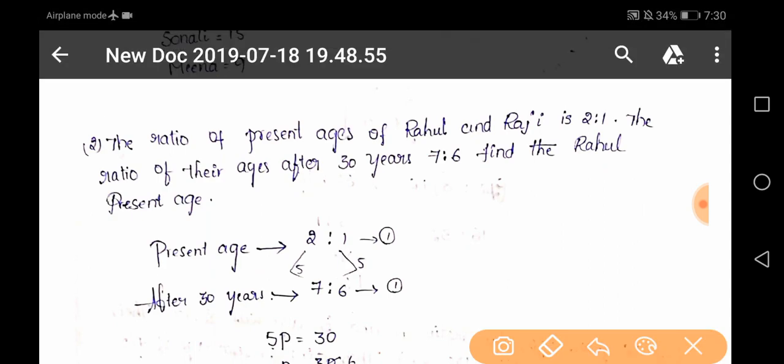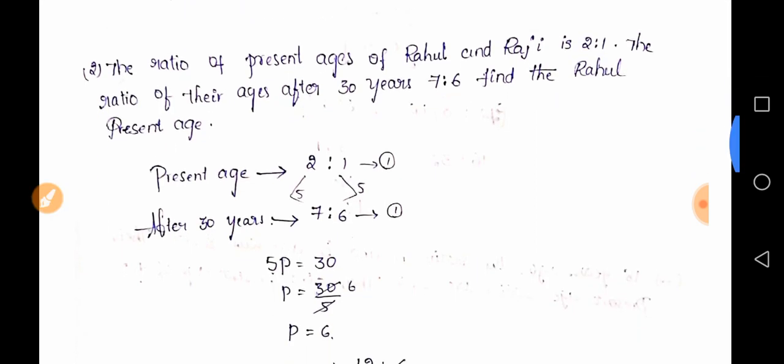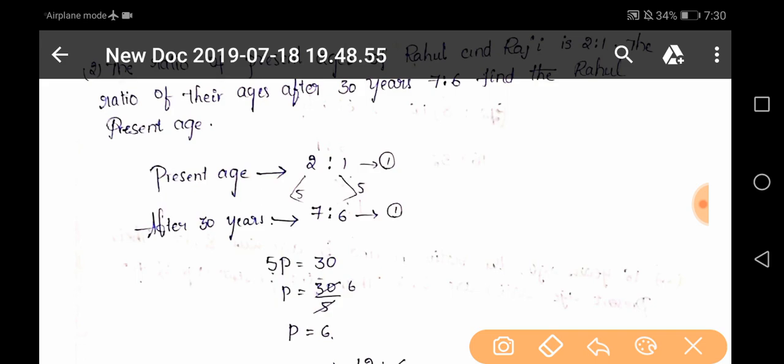The ratio of present ages of Rahul and Raji is 2:1, and the ratio of their ages after 30 years is 7:6. Find Rahul's present age. Here the present age ratio is 2:1 and after 30 years it is 7:6, and in both the difference is 1.